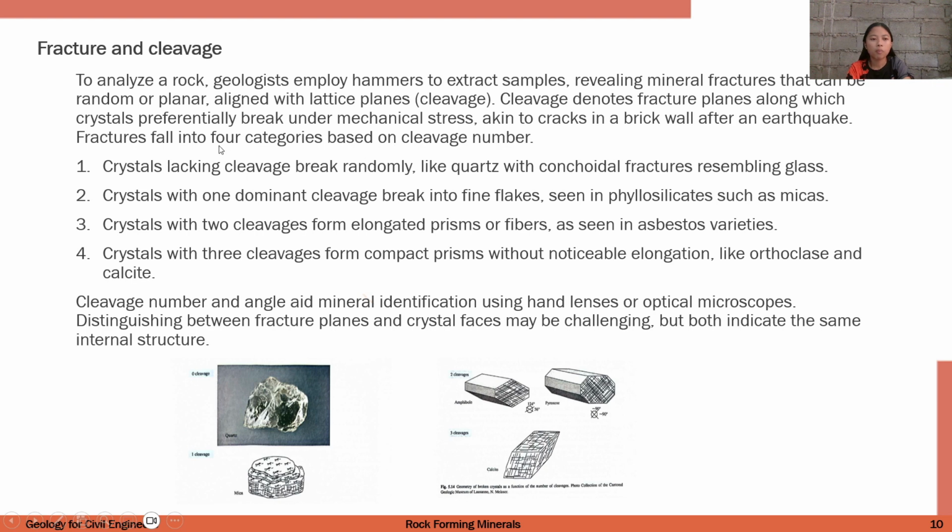And may apat siyang categories based on cleavage number. Kapag walang cleavage, nagbe-break siya randomly. Pag one dominant cleavage lang, break into fine flakes. Kapag dalawa, mag-form ng elongated prisms or fibers. Kapag tatlo naman, bumubuo siya ng compact prisms without noticeable elongation. So, yun lang.